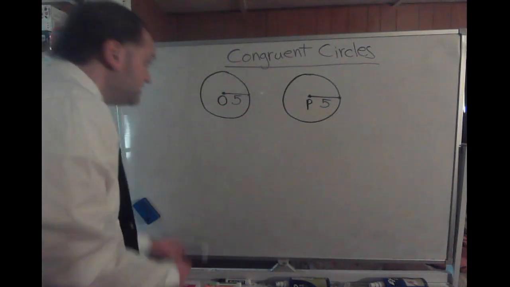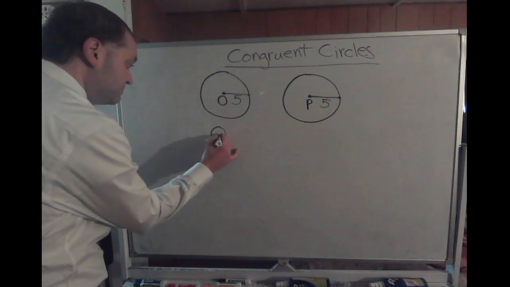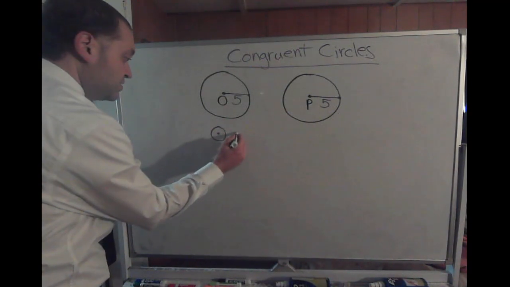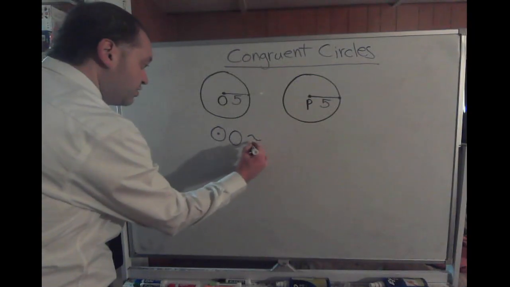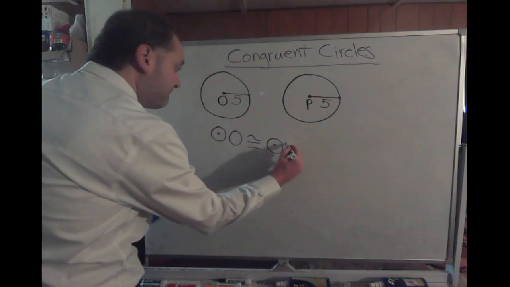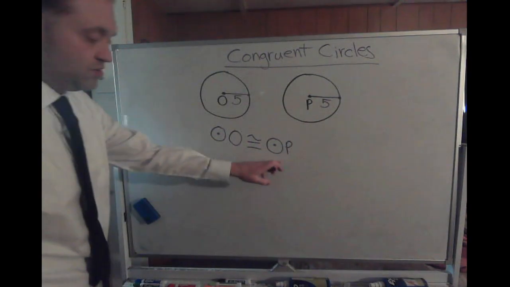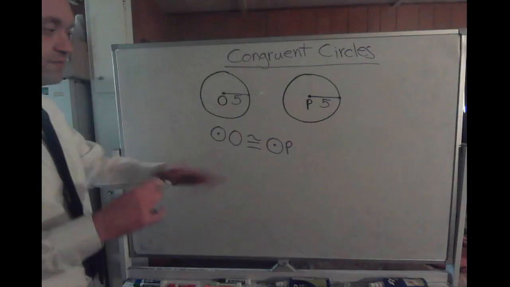So in this case, we can actually say, here's how we're going to write it. In smaller letters, circle O is congruent to circle P. That's the abbreviation for a circle, a small little circle with a dot in the middle and then the letter of the circle.